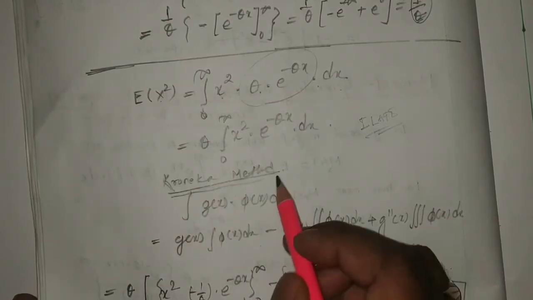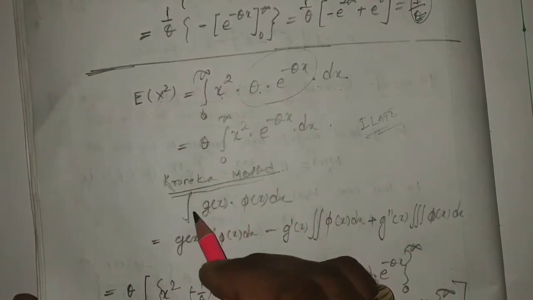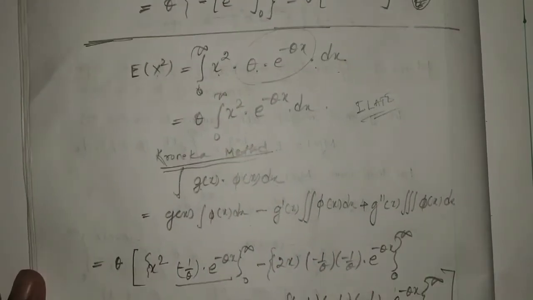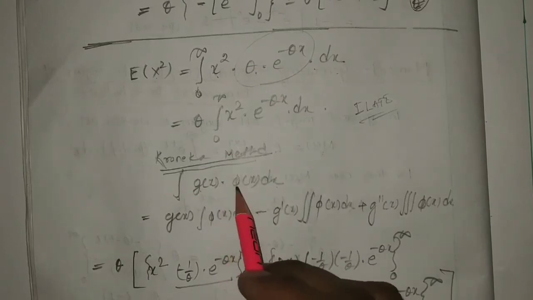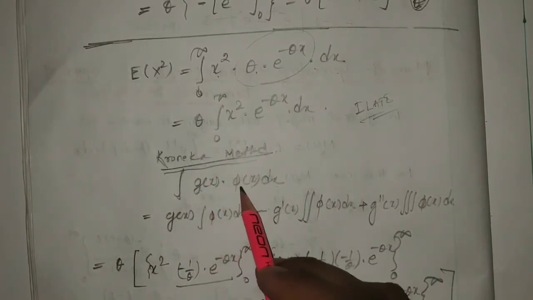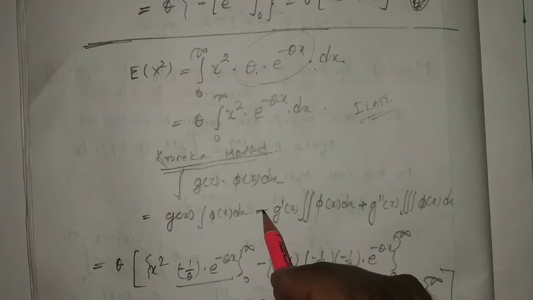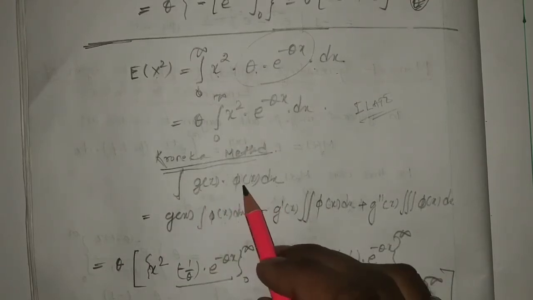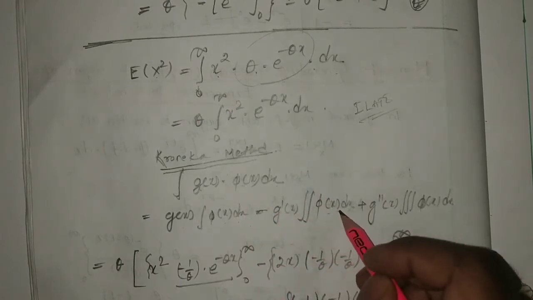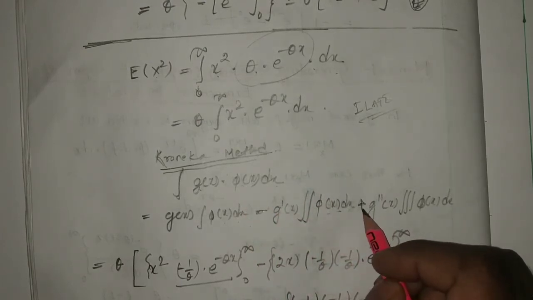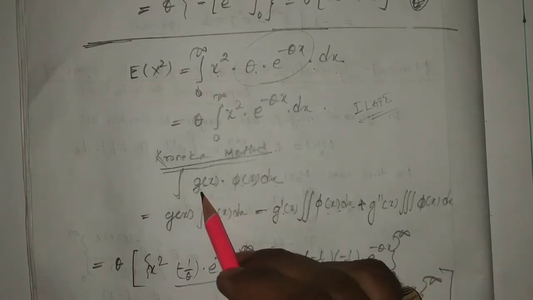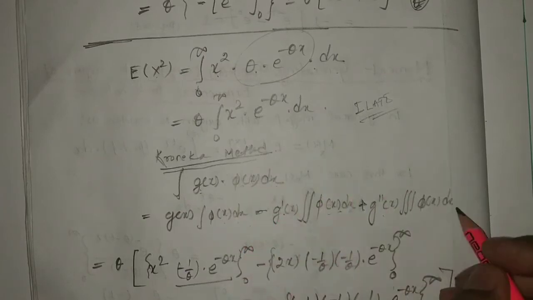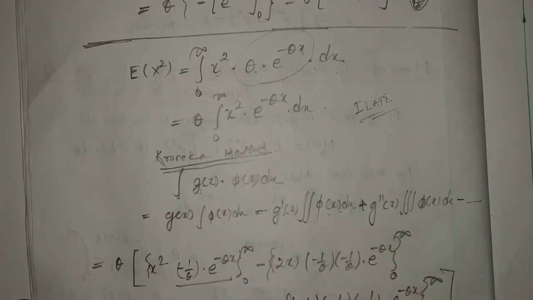Kronecker method means, for the integral of g(x) phi(x) dx, if integration is available, then it will be g(x) times the integration of phi(x) dx, minus, the second term will be the derivative of g(x) and the double integration of phi(x), then plus the second derivative of g(x) and the third integration of phi(x), and then minus, and so on, right?